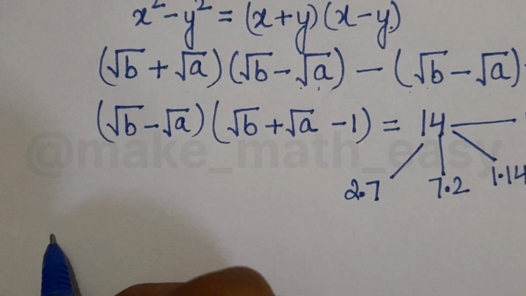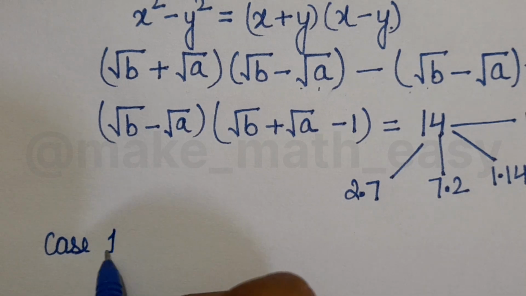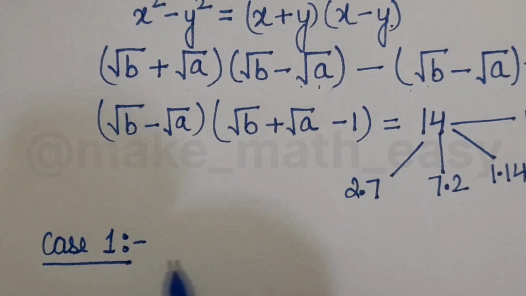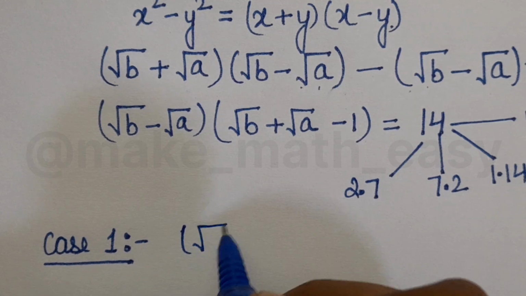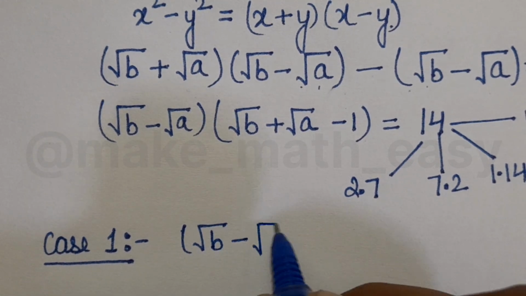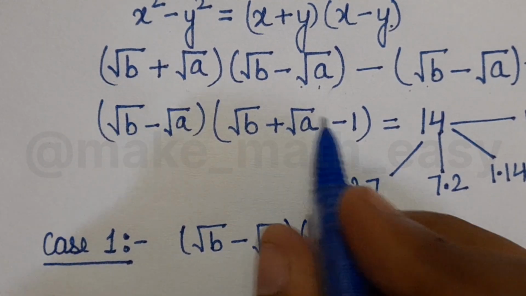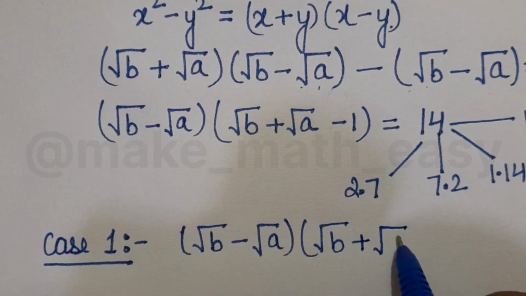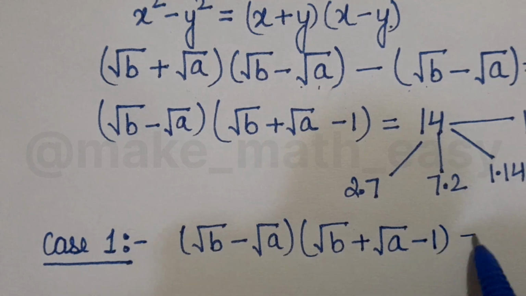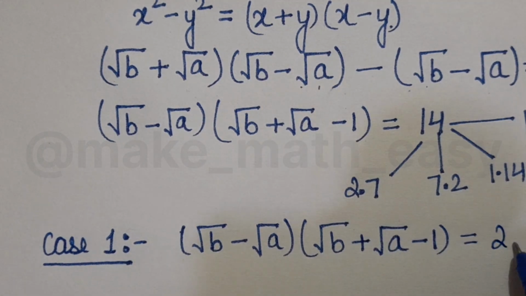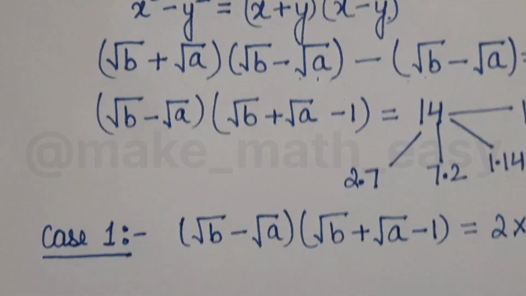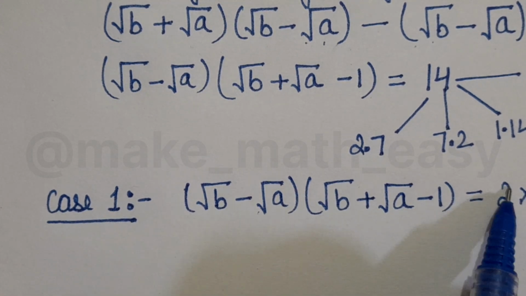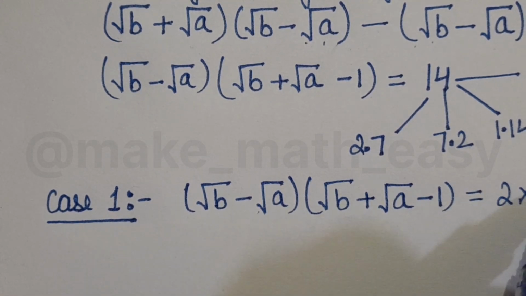So let's take case 1, which is 2 into 7: root b minus root a into root b plus root a minus 1 equals to 2 into 7. So comparing, root b minus root a equals to 2 and this term equals to 7.